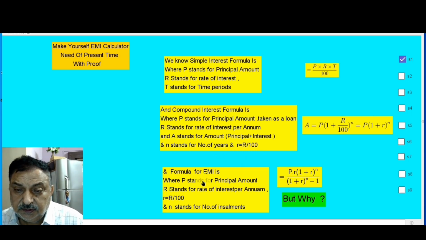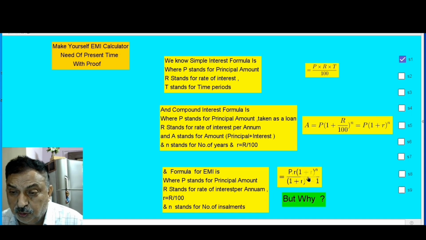And we know the formula for EMI is equal to P into r into (1 plus r) whole power n divided by (1 plus r) whole power n minus 1, where P stands for principal amount taken as a loan, R stands for the rate of interest per annum, small r is equal to R over 100, and N stands for number of installments.